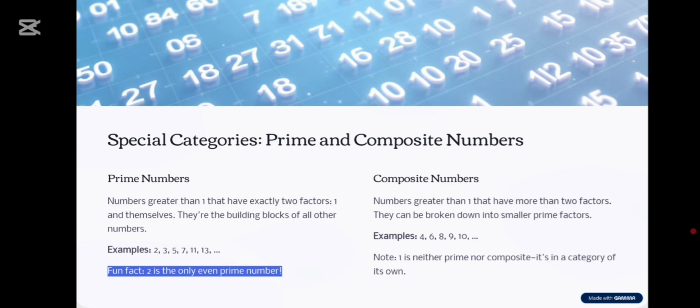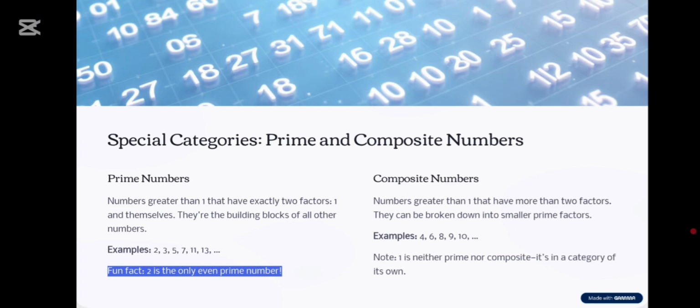How does it qualify? Because the factors of 2, the numbers that can go into 2, are 1 and 2. And we've said prime numbers only have 2 factors, 1 and the number itself. So 2 qualifies to be a prime number. That is a fun fact: 2 is the only even prime number.